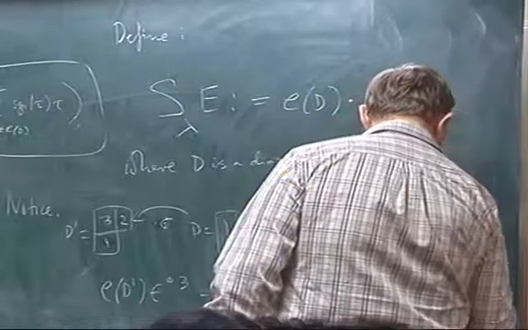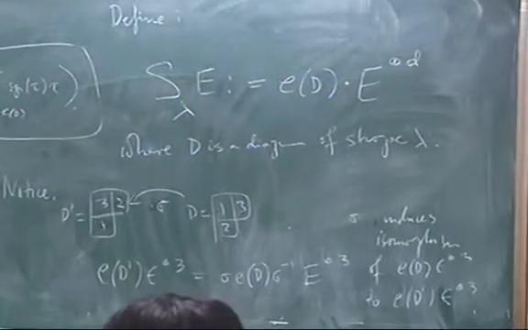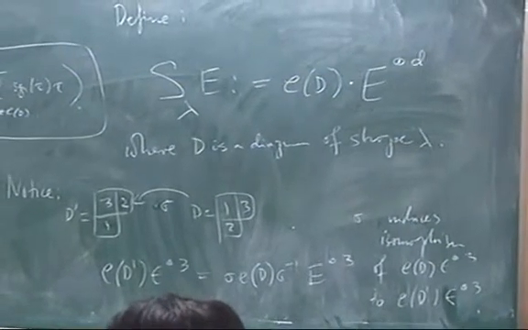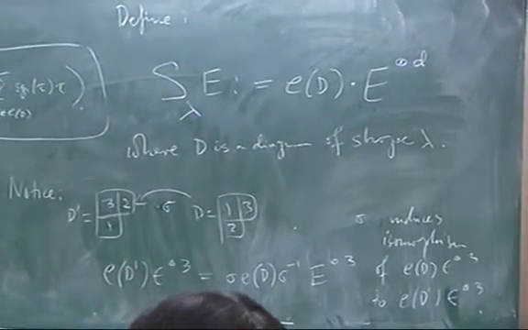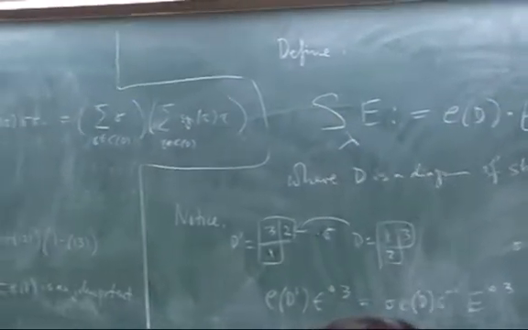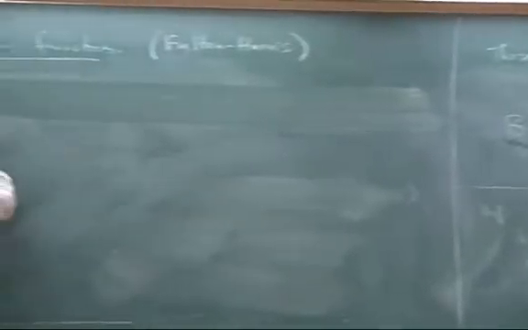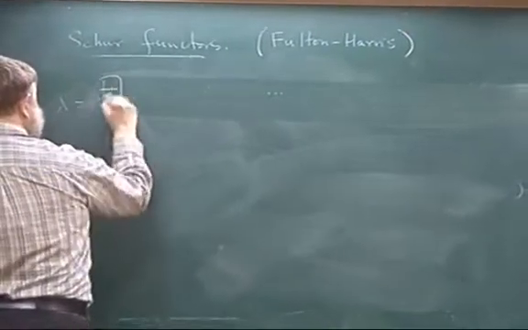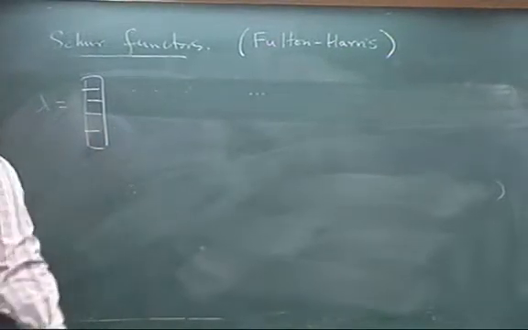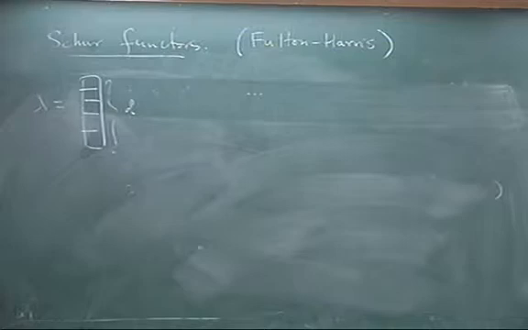Let's look at some examples, because this is the best in such a quick introduction. Examples. And by the way, unfortunately, my notation for diagrams probably is different than Fulton's, but okay, so let's take lambda to be a column of length d.